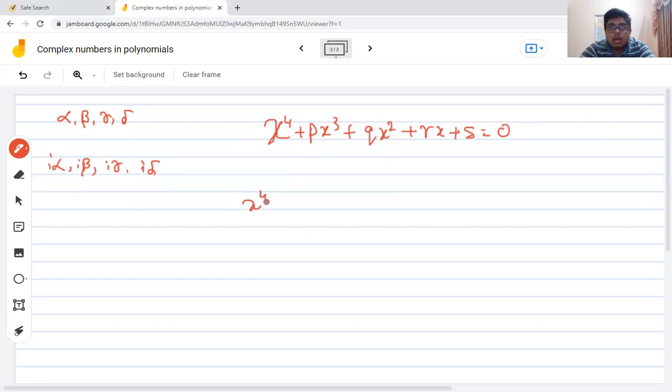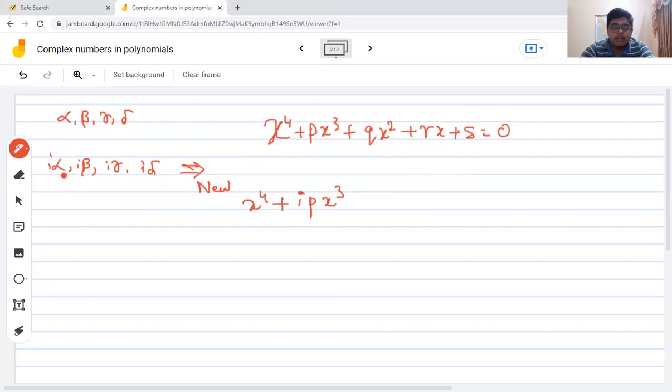So in our new equation, which has these roots, the sum is multiplied by i, so it becomes ipx^3. Now what happens if I sum them two at a time? alpha beta plus beta gamma plus gamma delta, alpha delta, and all the combinations. Then I'm going to get q.